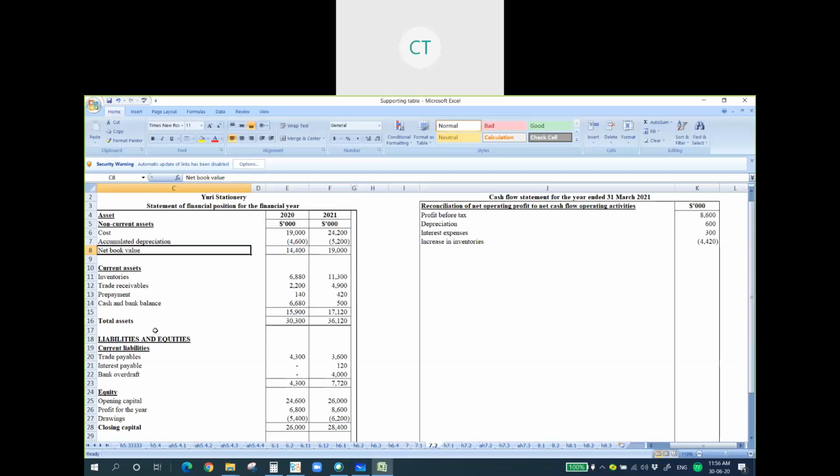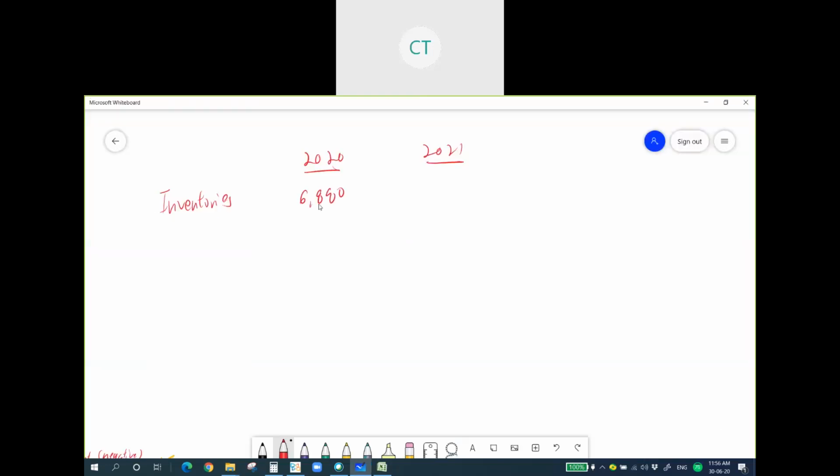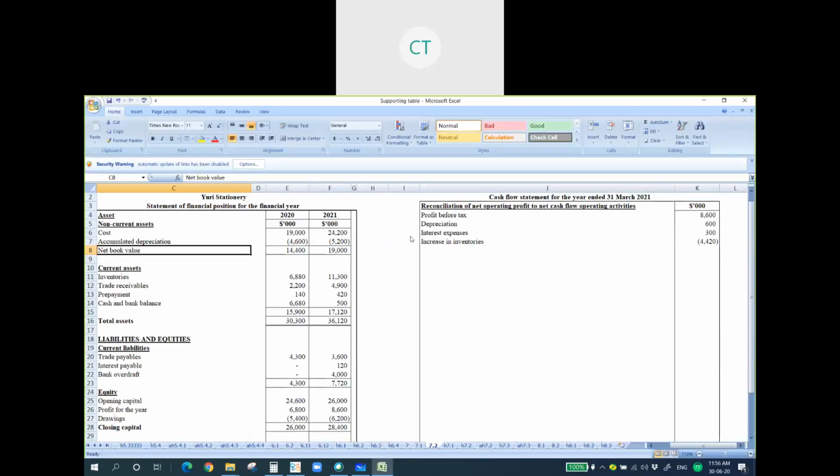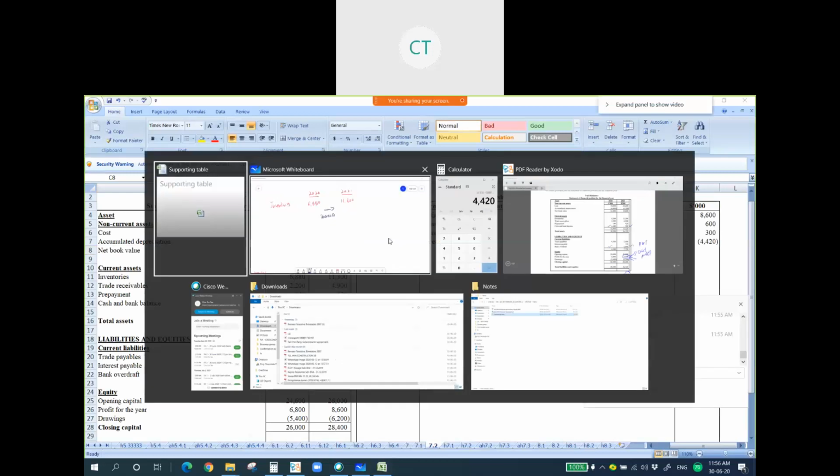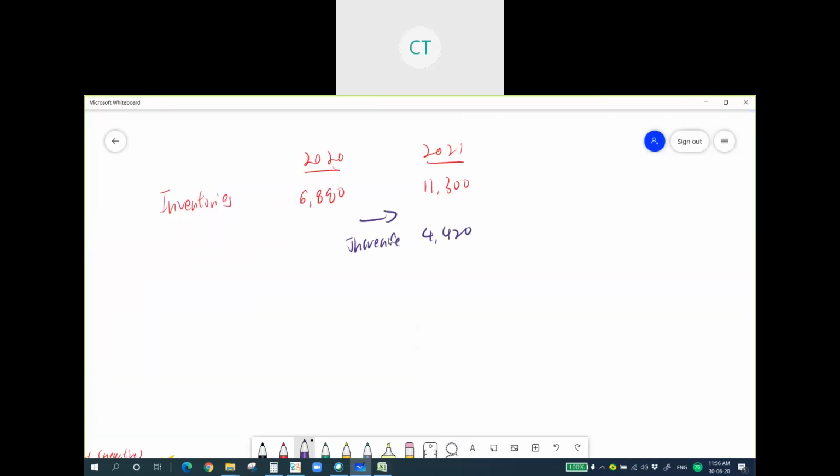So 6,880 and also 11,300. So we know the movement from 6,880 to 11,300 is what? Increase. And the amount increases 4,420.